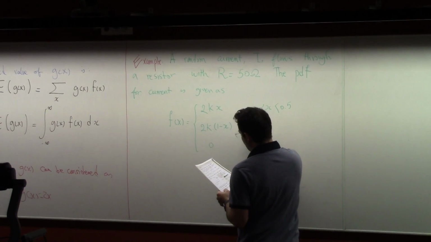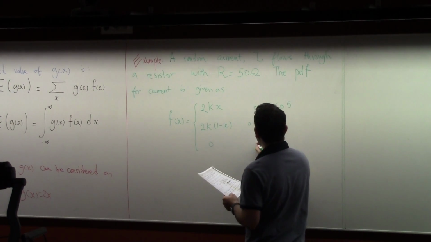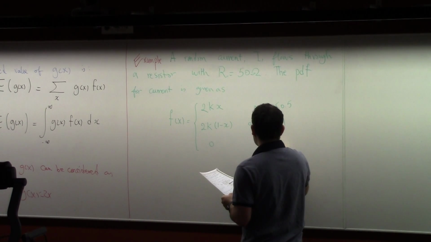If x is between 0.5 and 1, it is 2k minus x. Otherwise, it is 0.